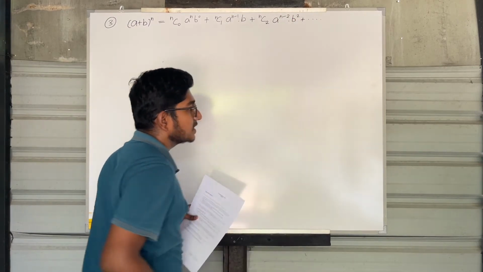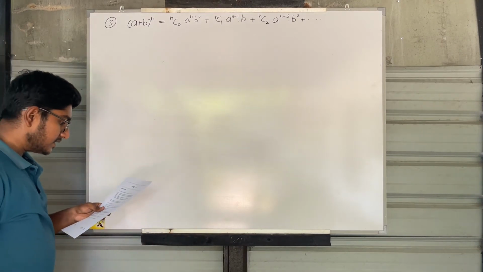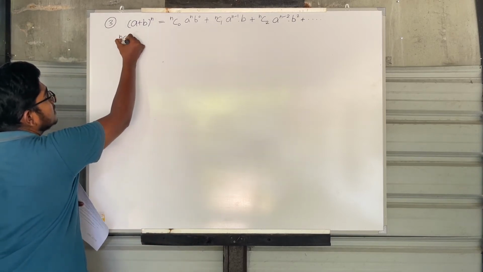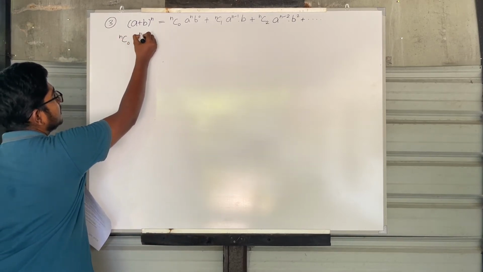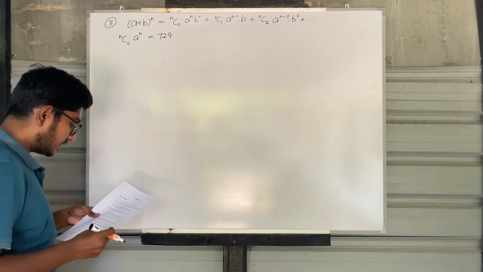I need only the first 3 terms. First 3 terms are 729. So that is the first one, a to the power n, 729.